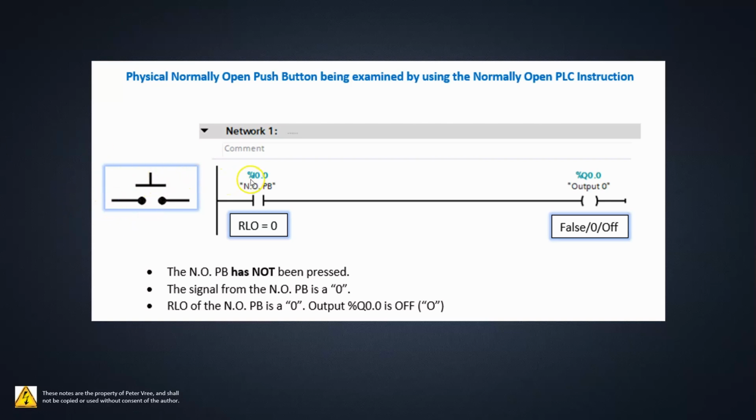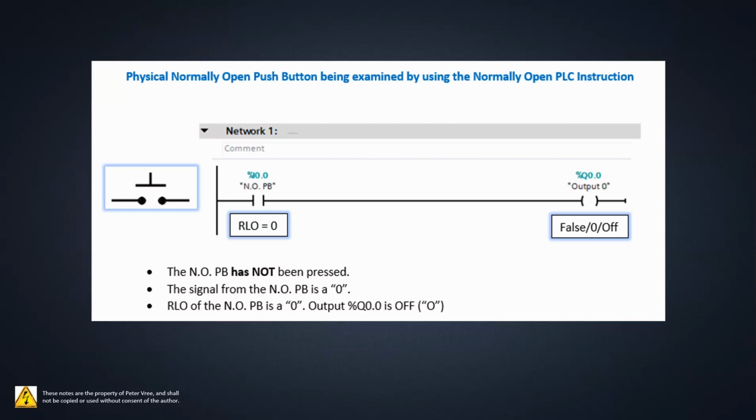It is physically wired to %I0.0, so the first terminal for the inputs. And the example here is that the normally open push button has not been pressed. If I have not pressed this push button, then at this input terminal there will be no voltage. So the signal from that normally open push button is going to be a 0, corresponding to no voltage at that input.